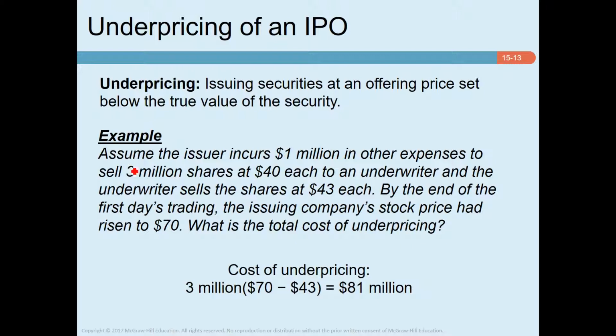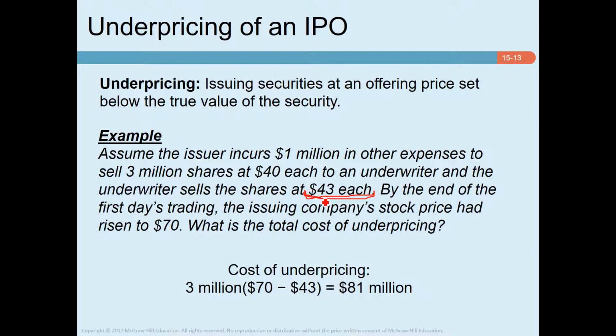Okay, so as I said, underpricing can be costly to the company. Look at this example. Assume the issuer incurs 1 million in other expenses to sell 3 million shares at $40 each to an underwriter, and the underwriter sells the shares at $43 each. By the end of the first day of trading, the issuing company's stock price had risen to $70. What is the total cost of underpricing? So you understand that the underwriter sells the shares at $43 each.